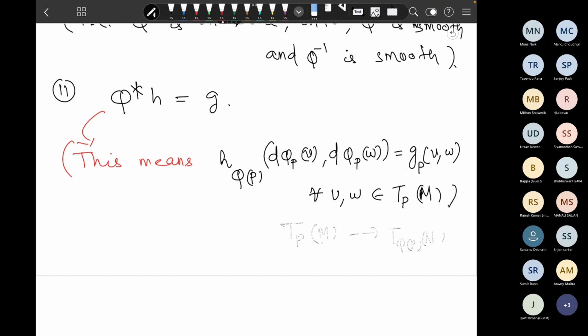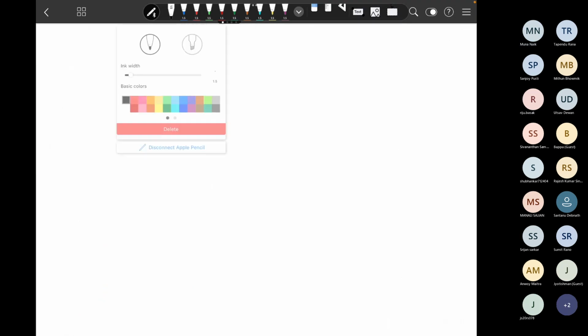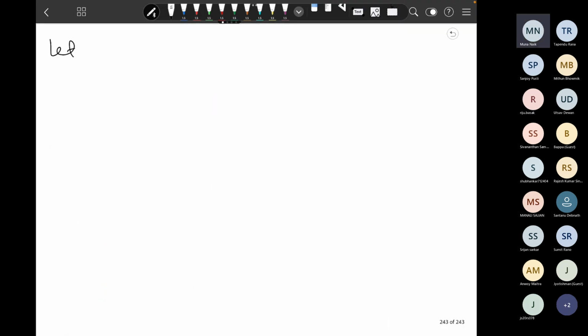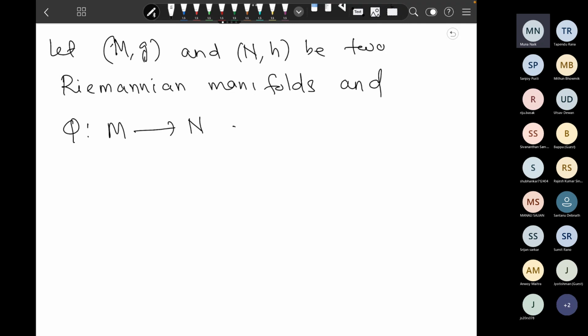Okay, so now let (M, g) and (N, h) be two Riemannian manifolds, and phi from M to N an isometry.